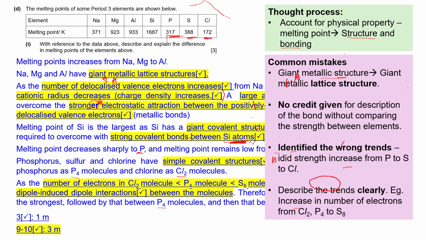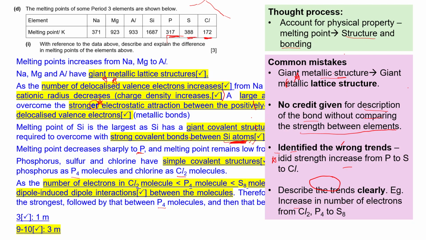Why do I not give you credit for the description of the type of bond? Because you did not compare the strength between the elements. You have to tell me the trend, from sodium to magnesium to aluminium. Why is it increasing in terms of the strength?